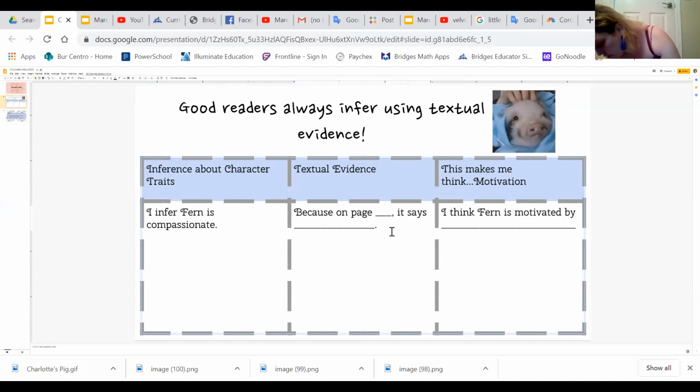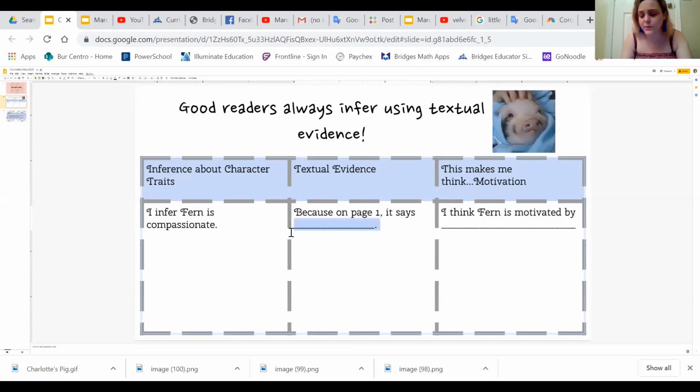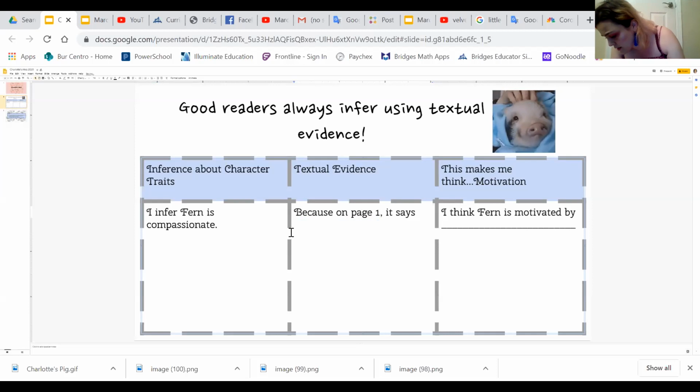Because on page 1, I'm looking at my book. On page 1, Fern says, I'm going to copy the quote down.